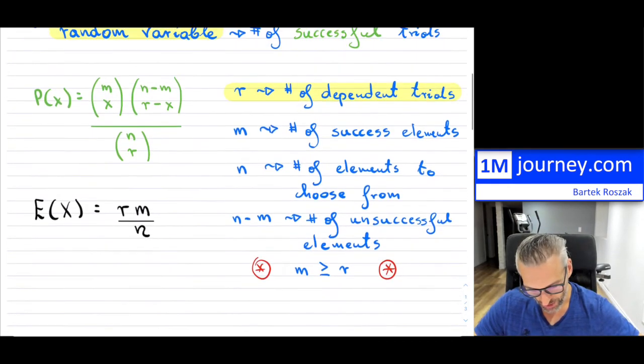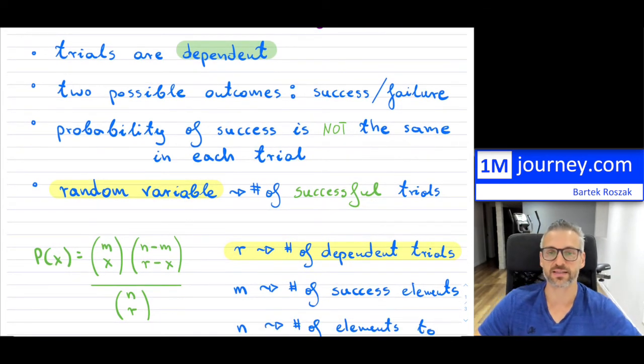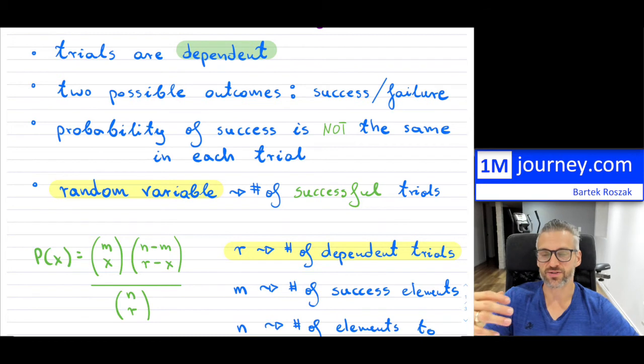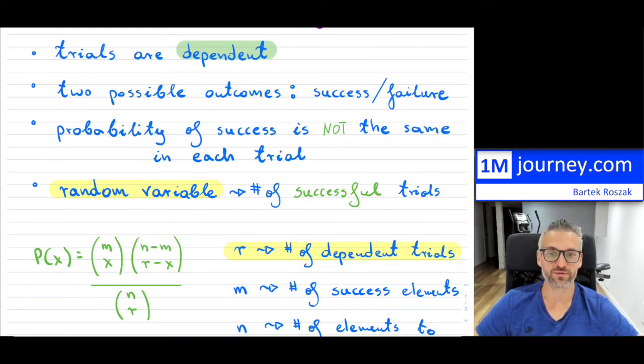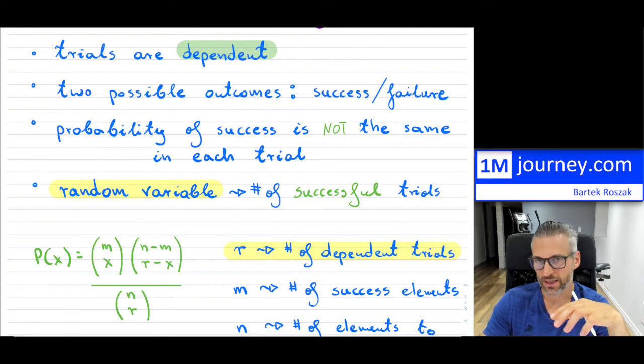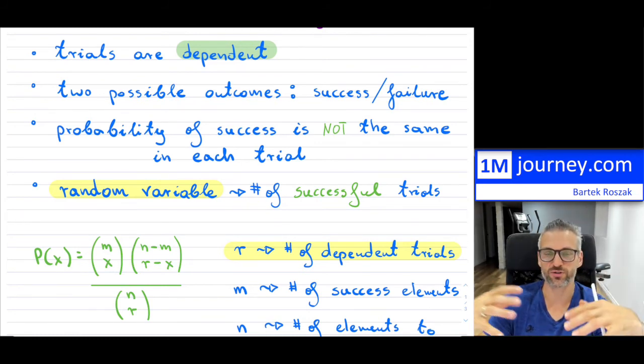Now the other part is, as you go along, you notice that we have 2 possibilities, a success and a failure. I have labeled green as success, and picking black would be failure. It could be the opposite way around. Now the probability of success, notice, is not the same in each trial. There are dependencies here, so that is important. So we don't have a P like we did in the binomial or geometric distribution. Here it changes.